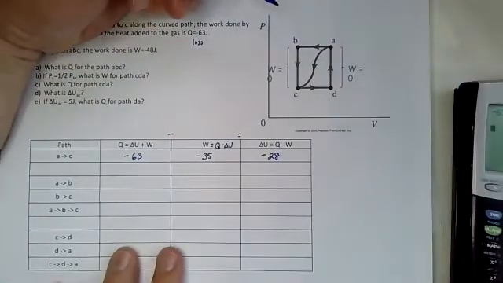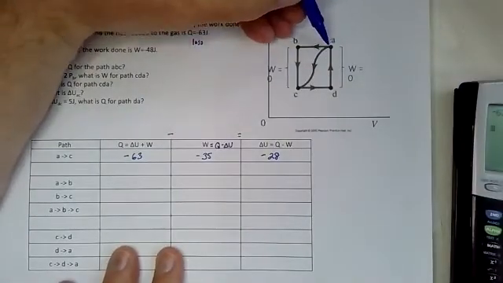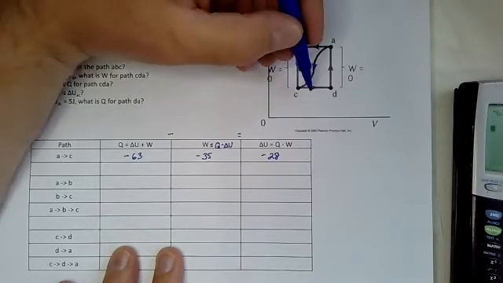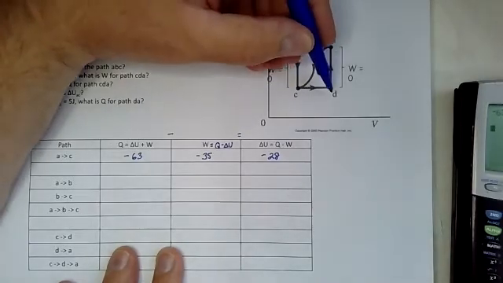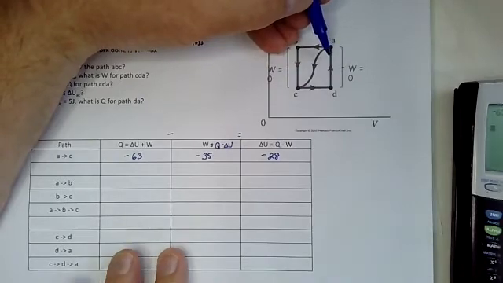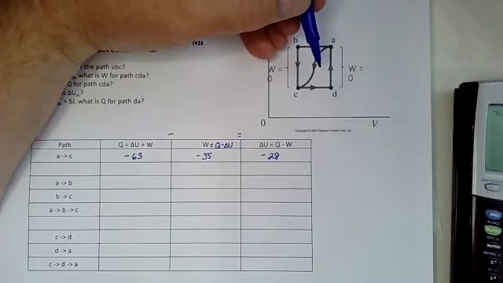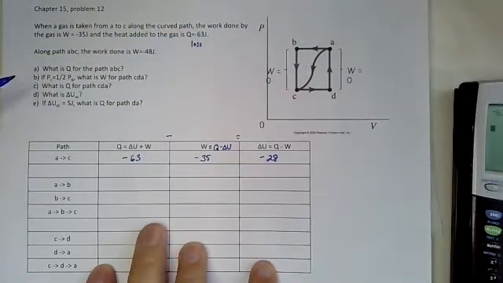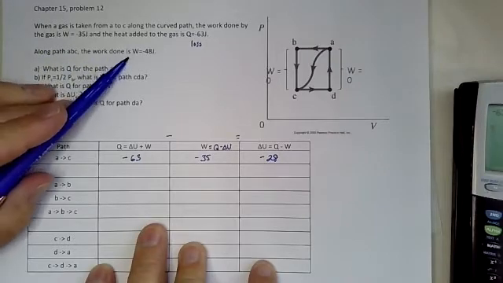Okay, and then we have some other paths. We have A to B and then B to C. And then there's going to be C to D and D to A. Now, along the path ABC, it says the work done is negative 48.